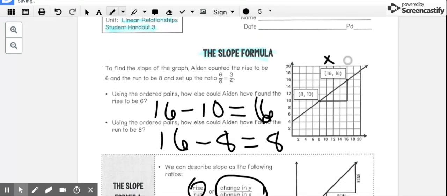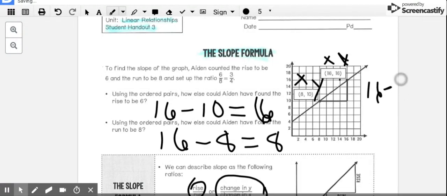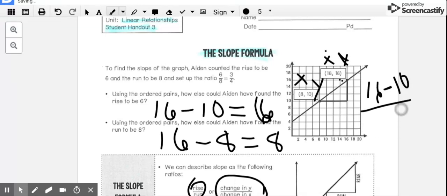This is your X and this is your Y. And this is your X and this is your Y. So if you were going to do Y minus Y, if we started with this 16 and did 16 minus 10, and then we did all that over, so if we started with this Y, then we have to start with this X. So then we'd have to do 16 minus 8.